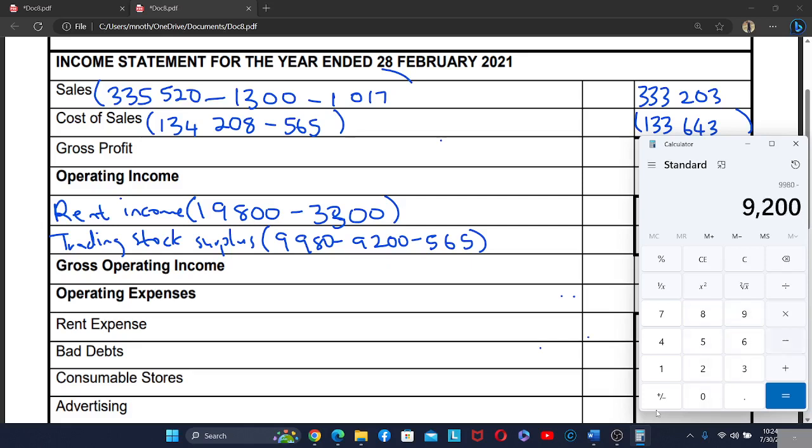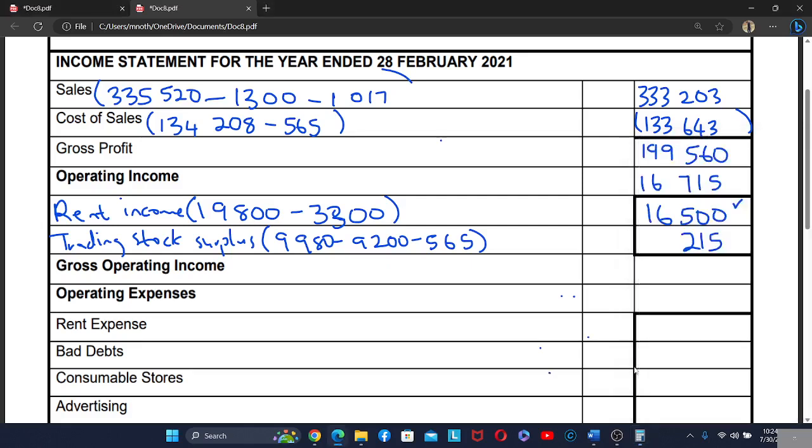9,200 minus 565. Okay. Then to get the gross operating income, we must say the gross profit plus operating incomes.